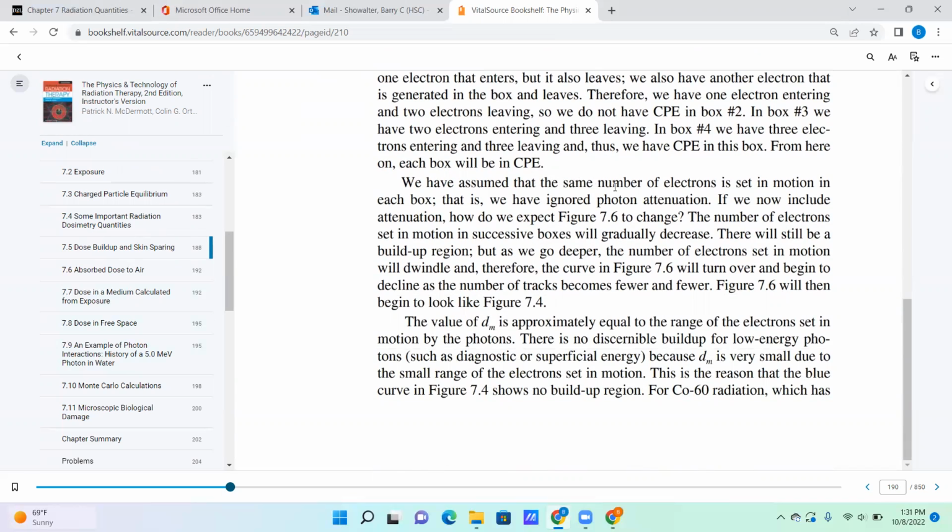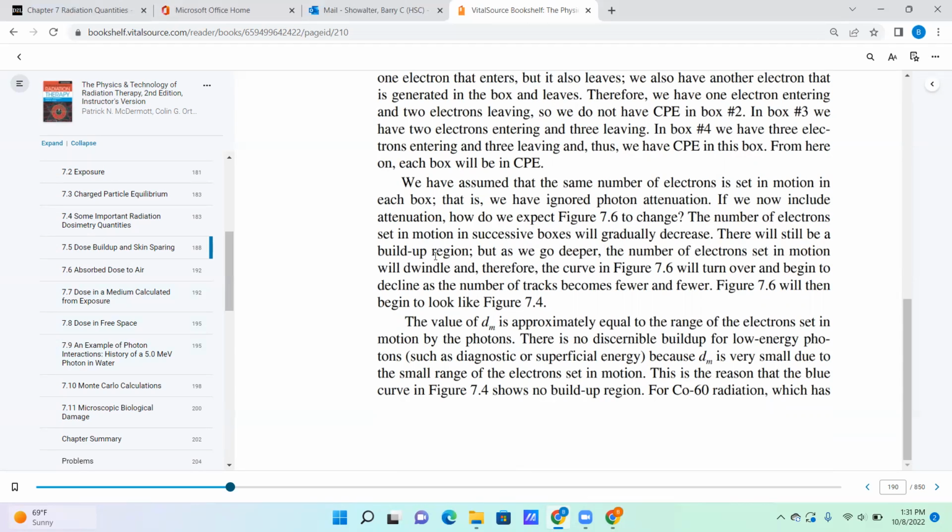So we have assumed the same number of electrons is set in motion in each box if you ignore the photon attenuation. If you include that, how do you expect that figure to change? The number of electrons set in motion in successive boxes will gradually decrease.